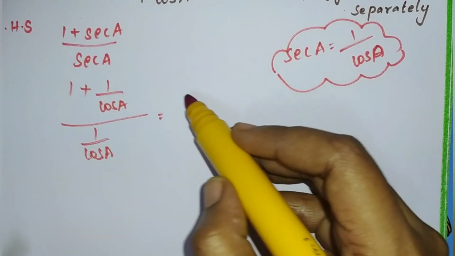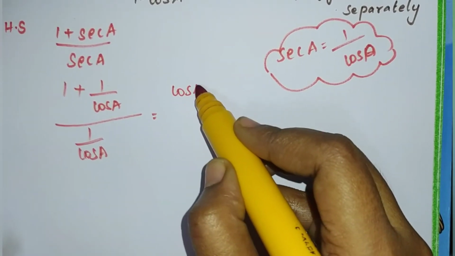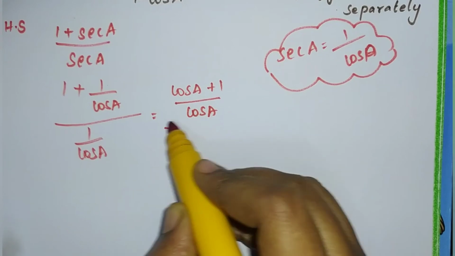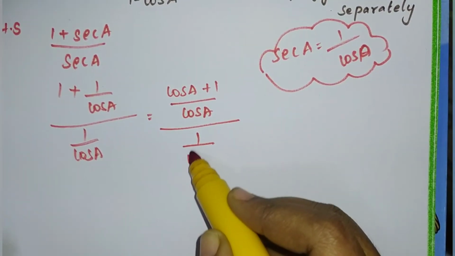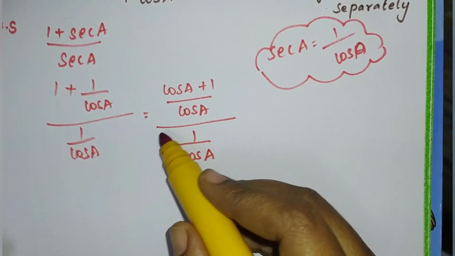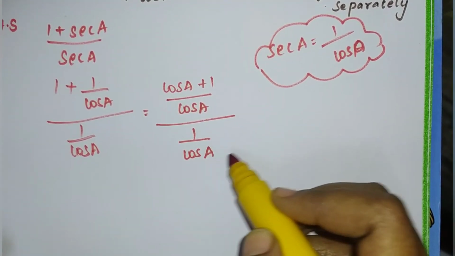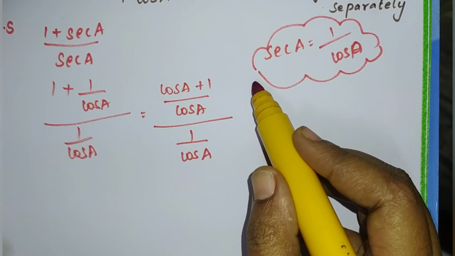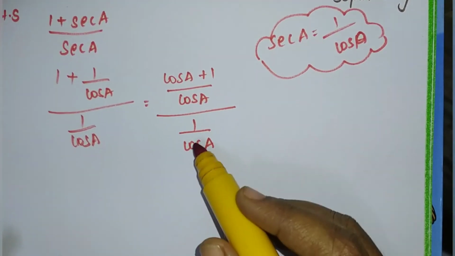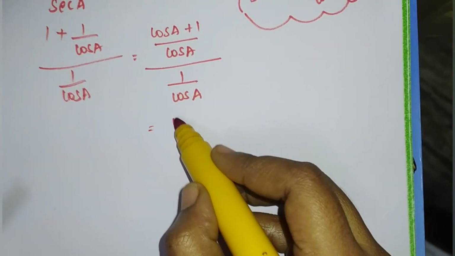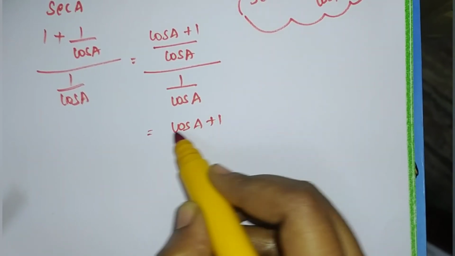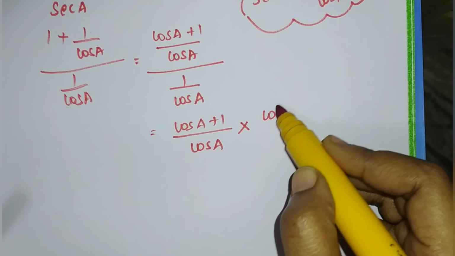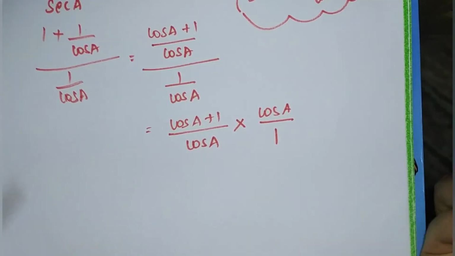Take LCM: cos A plus 1 divided by cos A, divided by 1 by cos A. Now you have to divide. If you want to change it into multiplication, we have to write the reciprocal. Then cos A plus 1 divided by cos A, into cos A divided by 1.